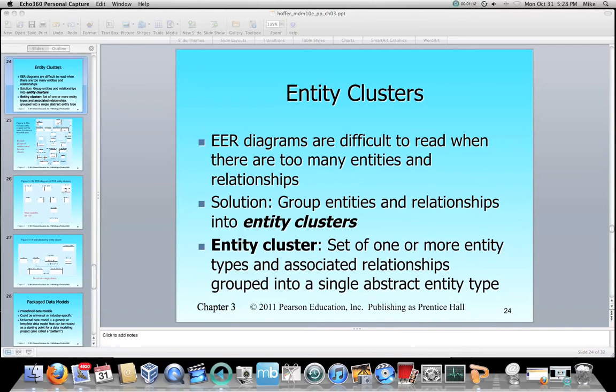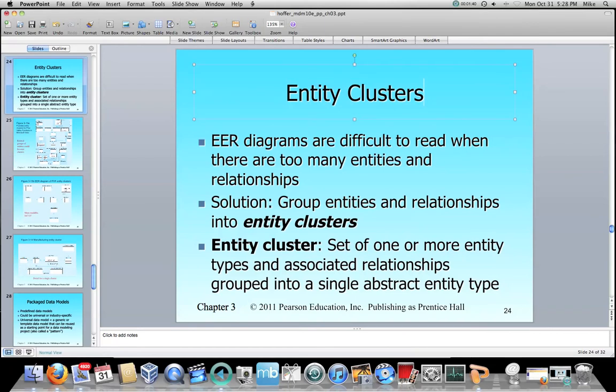This is basically what entity clustering does. We take sections of the extended entity relationship diagram, or even simple, not even extended, entity diagrams, in order to make them simpler to look at. We cluster some of the entities. So let's take a look at what I'm talking about.